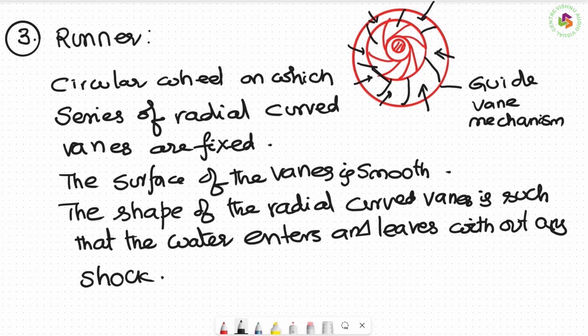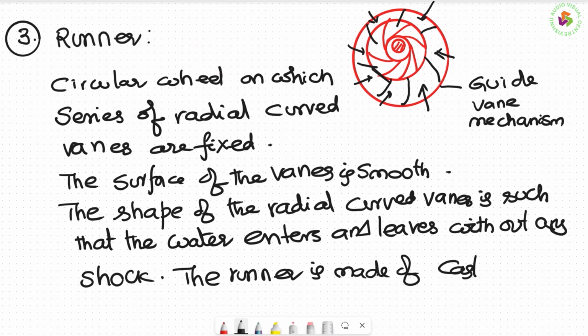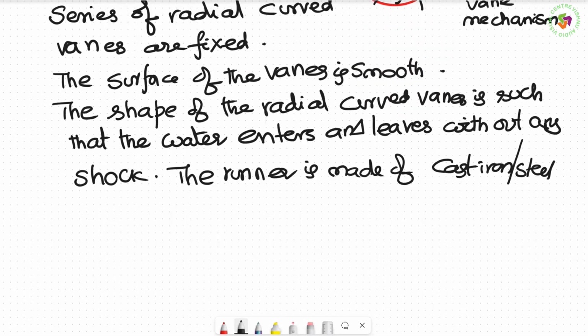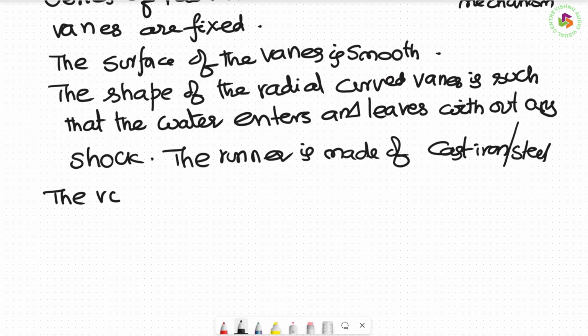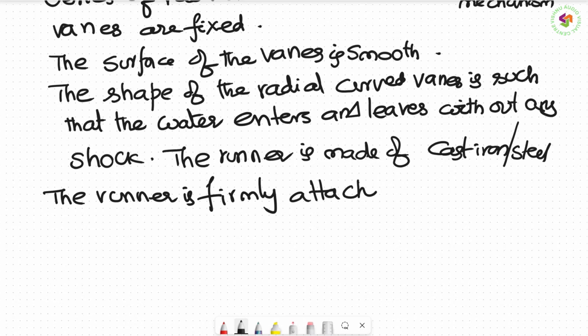Right? And the next one is, the runner is generally made of cast iron or steel. This is the general. And the runner is firmly attached to the shaft. So this completes the third part.